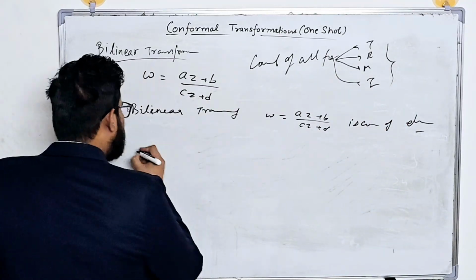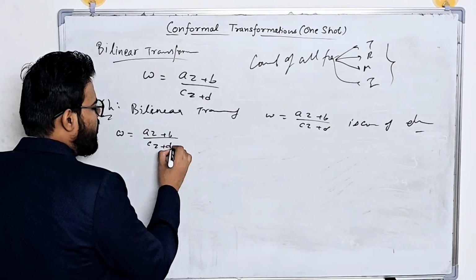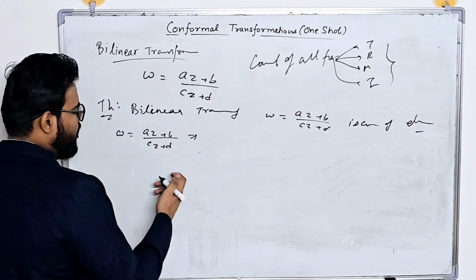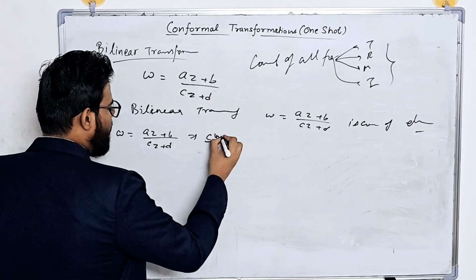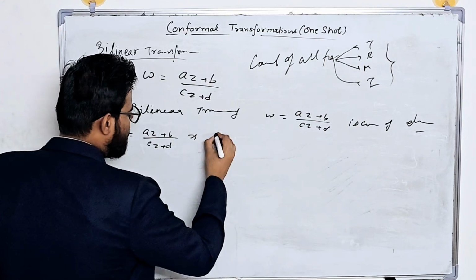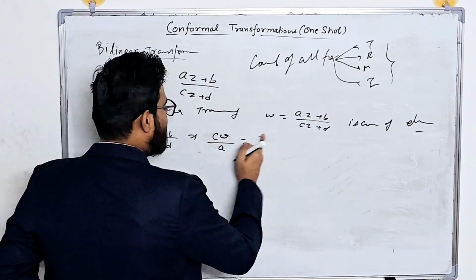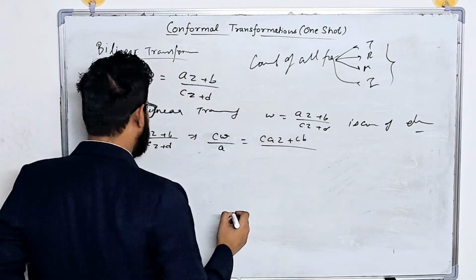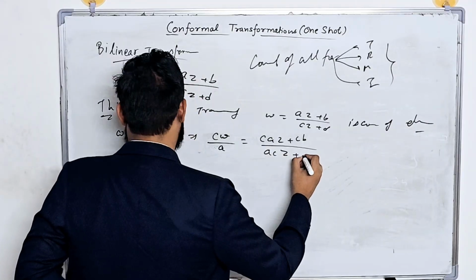So how can we prove it? Well, w is equal to az plus b divided by cz plus d. What we can do is multiply by cw and divide by a. So cw by a is equal to (caz plus cb) divided by the quantity (acz plus ad).